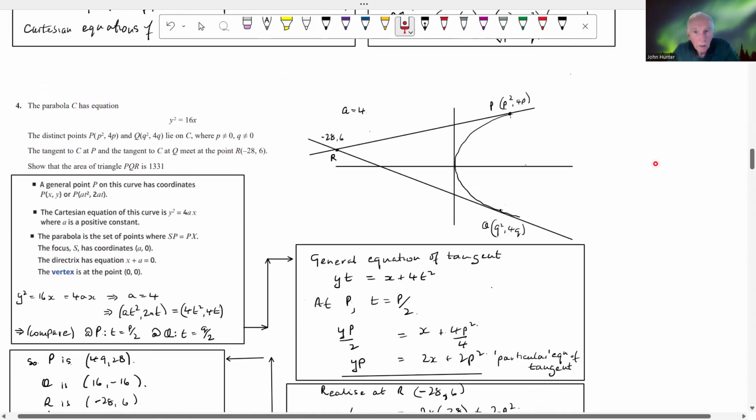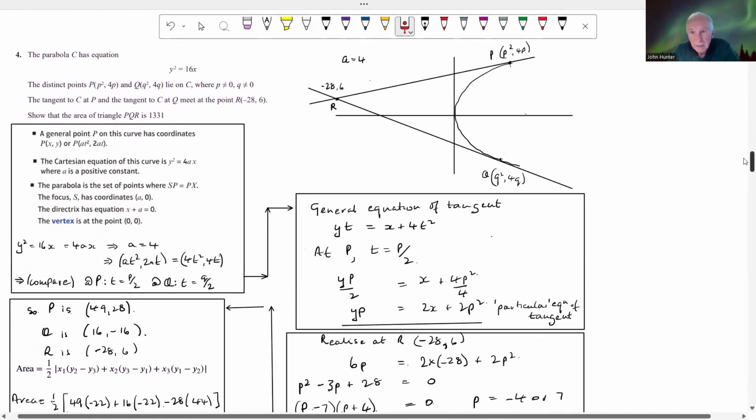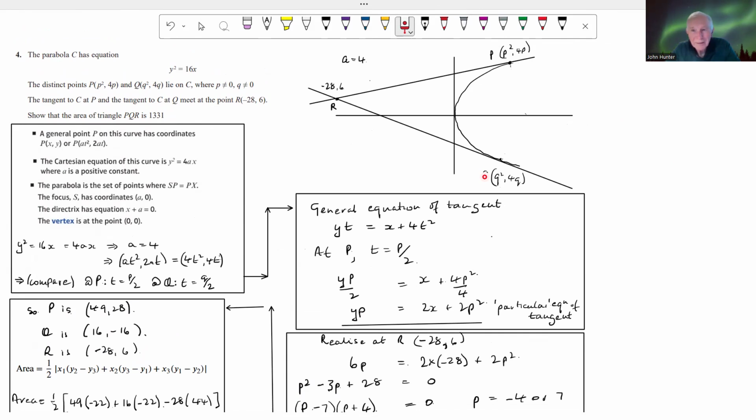So that basically is it. The thing is, we're going to be working with these p's and q's, or whatever the values are in your particular problem.